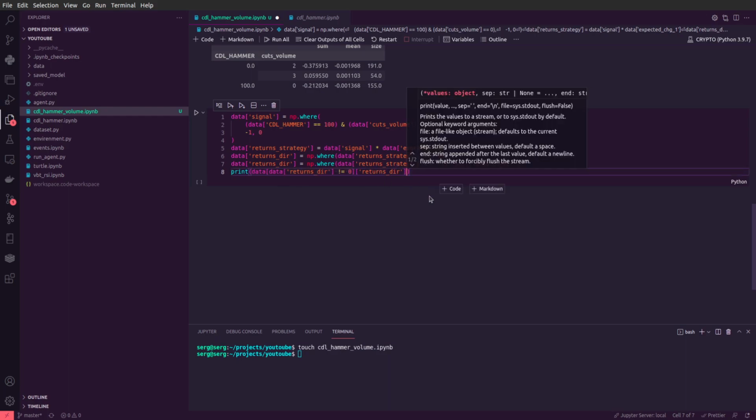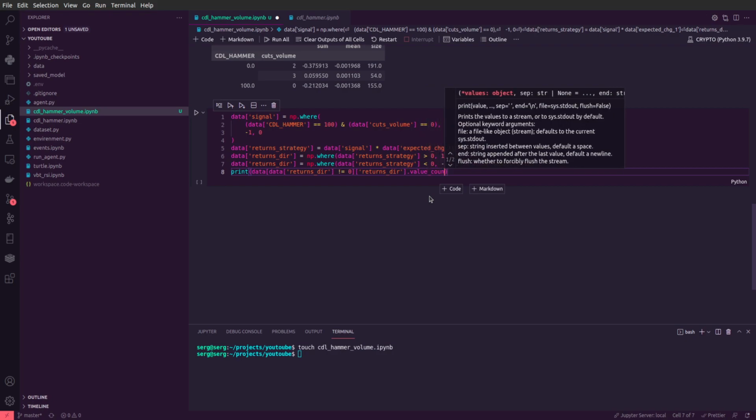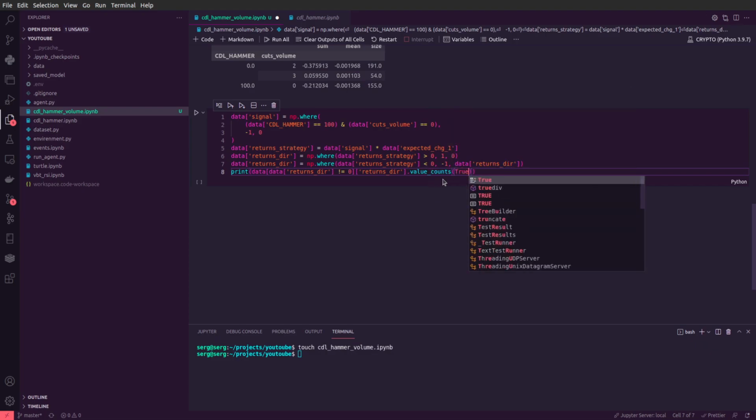Then we need to call the pandas data frame method value counts, and we input true to get data in percent change.